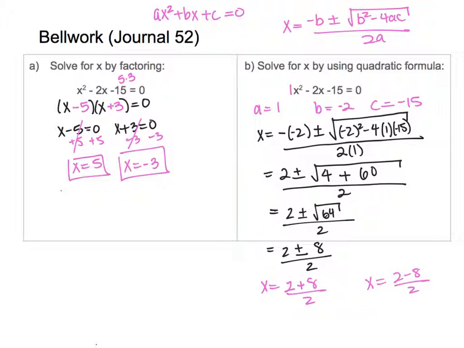So now we got to actually simplify this a little more. So 2 plus 8 gives me 10. 10 divided by 2 gives me x equals 5. Whoa, and that's the same answer that I got before, right? This here is the same number that I got over there. And so now let's take a look at the other one here.